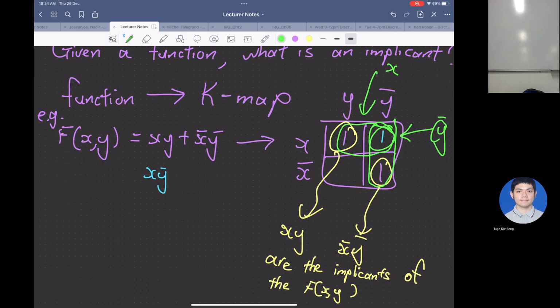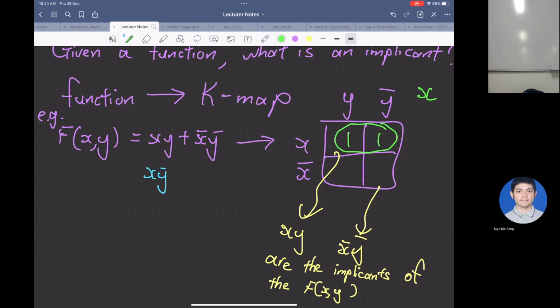So for example, I say that there's an implicant X here. Then I will automatically go and find this block here.